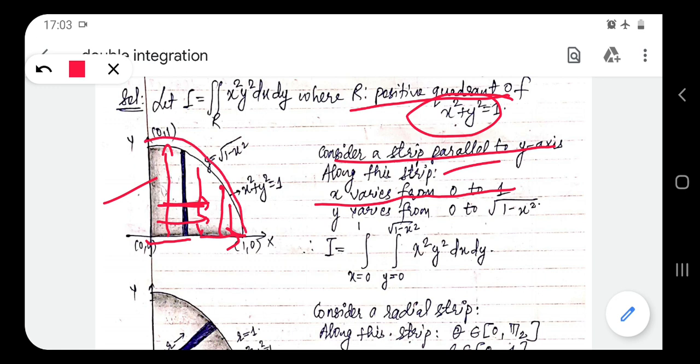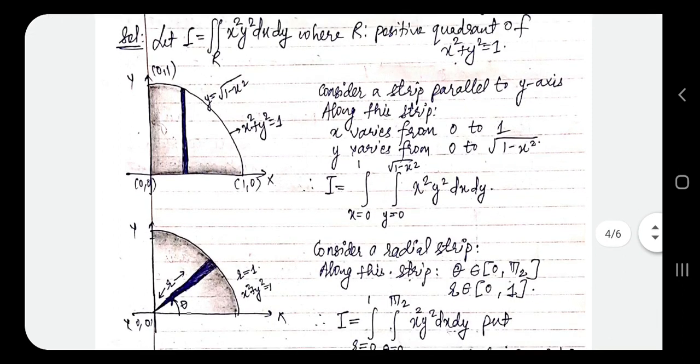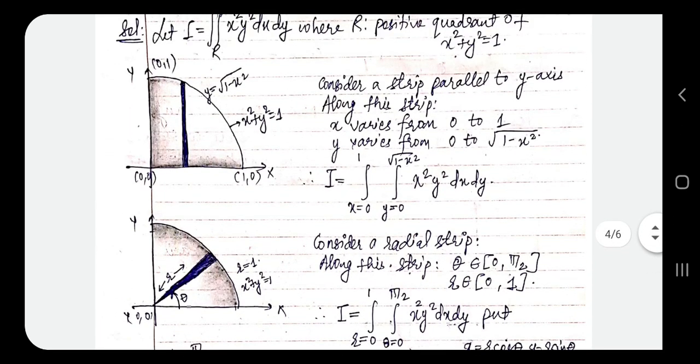The name of this curve is y is equal to under root 1 minus x square. After finding the limits, let's put it into the integrals. This is what I have got after putting the limits, but I'm not going to solve this by this method.